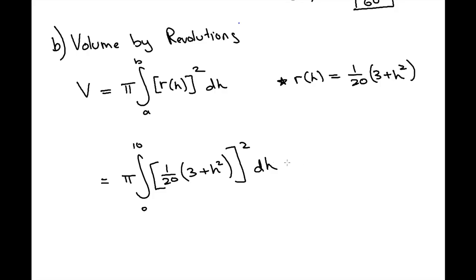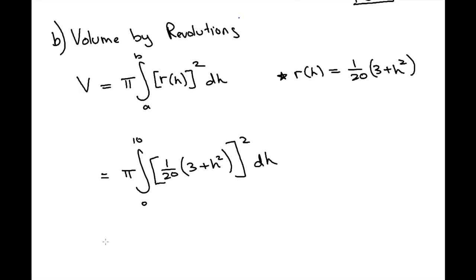Okay. So first thing we want to do, let's go ahead and distribute this squared term to everything. So this first part stays the same, but we'll have the integral, and this will be 1 over 400, because 20 squared is 400, times 3 plus h squared, the whole quantity squared dh.